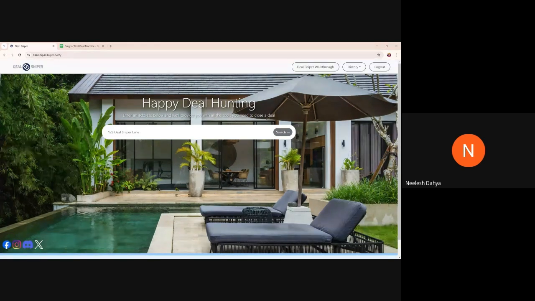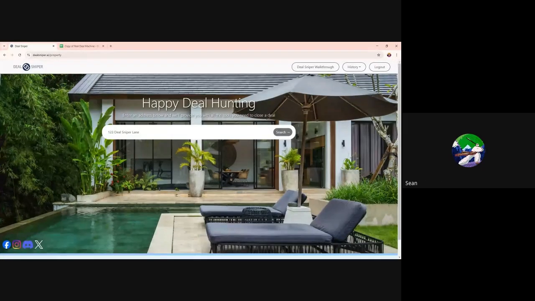Where should I start with how to use this software? Is it just good for subject-to or wholesaling, or what? It's good for all creative deals. Are you new to wholesaling as a whole? No. What do you primarily do? Cash or novations.